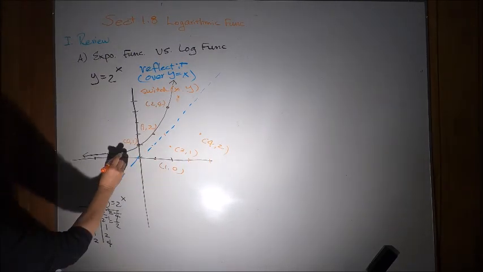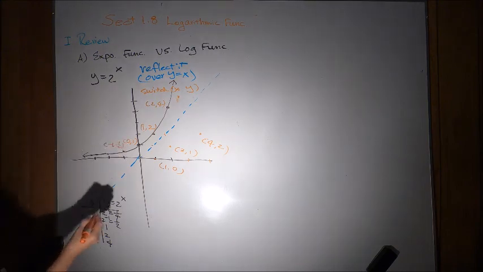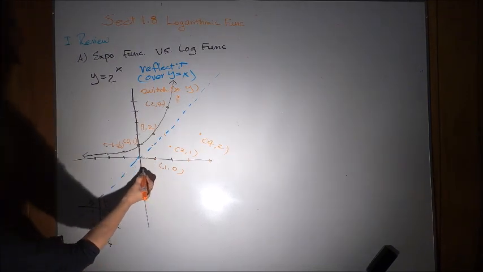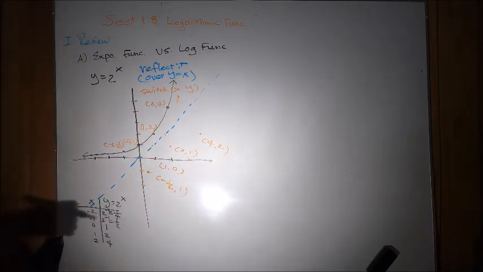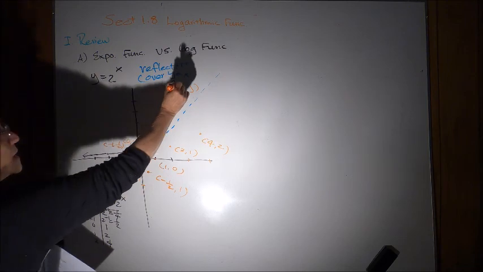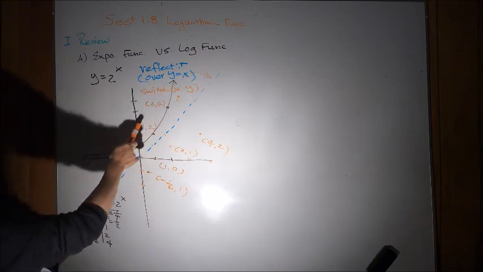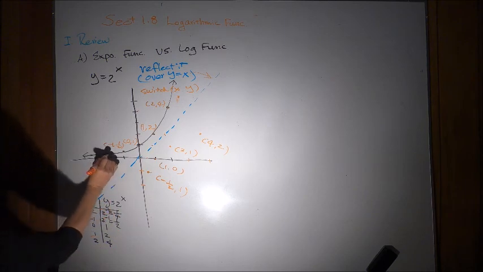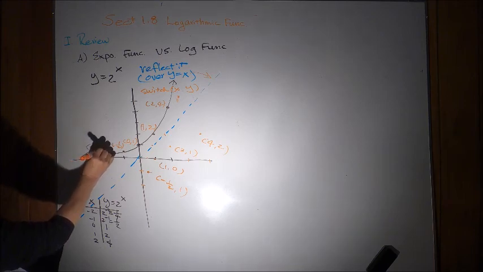This point is negative 1, half. Switch them and it will be half, negative 1. We just want to see, when we reflect over the line y equals x, what happens to the behavior of the exponential line. Last one, negative 2, 1/4.